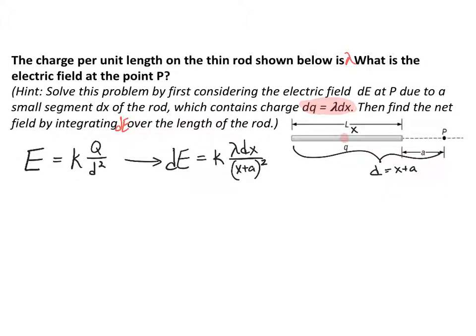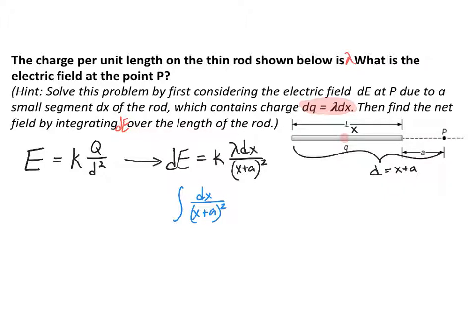Okay, so that means that E would be the, well, let's do this first. Let's just sort of consider the integral of dx per (x plus a) squared.